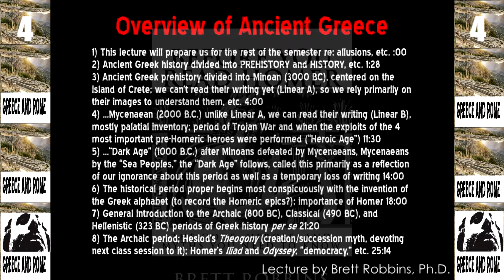So what does that mean? It's fairly obscure in terms of what's going on from 1,000 to about 800 or so. But once you get into about 800 BC, you begin with the Archaic, which is called, quote, ancient, unquote, by the Classical period, because 300 years before them, the beginning of Greek history per se began.